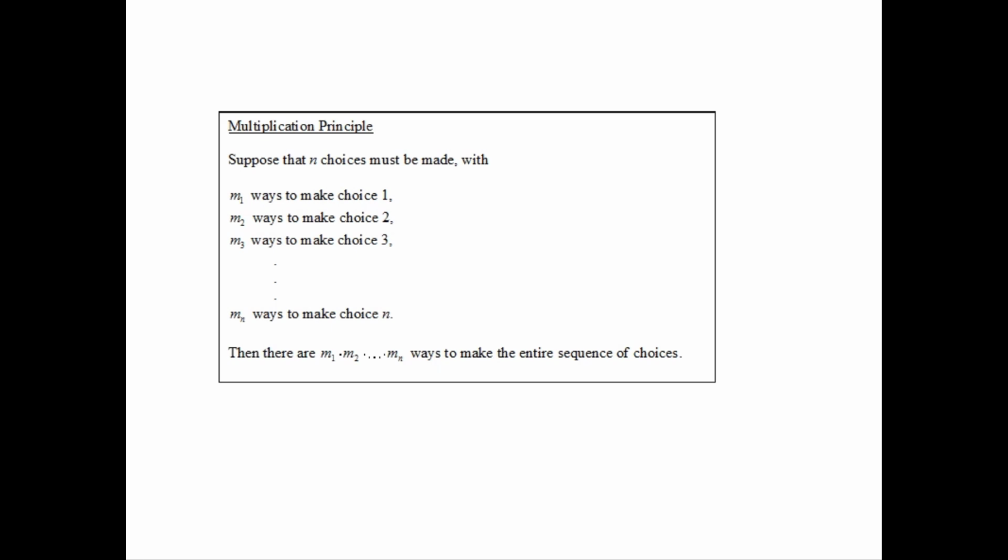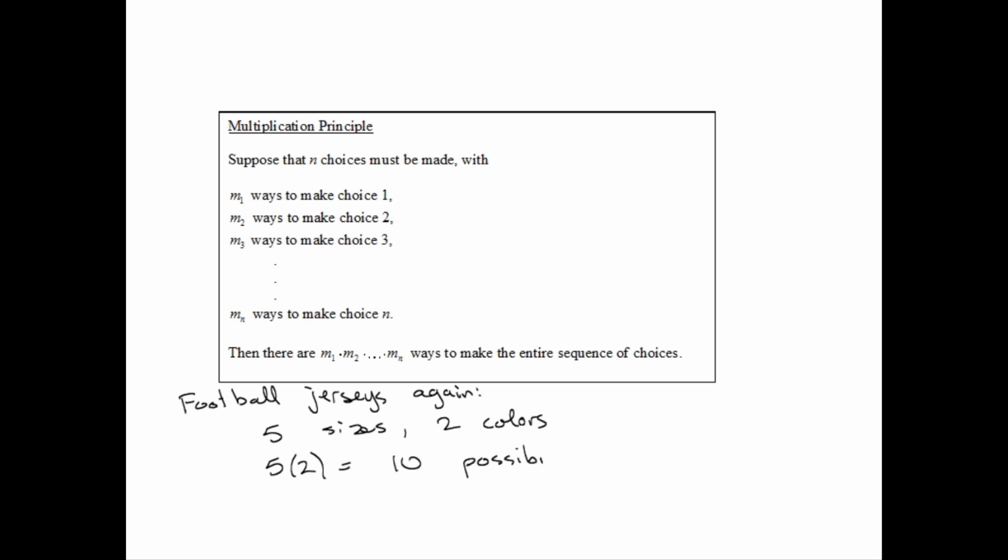So, in our football jersey example, we have 5 sizes, and we have 2 colors, and so therefore there are 5 times 2, or 10 possibilities. That way we don't have to draw the tree and write down every single possibility.